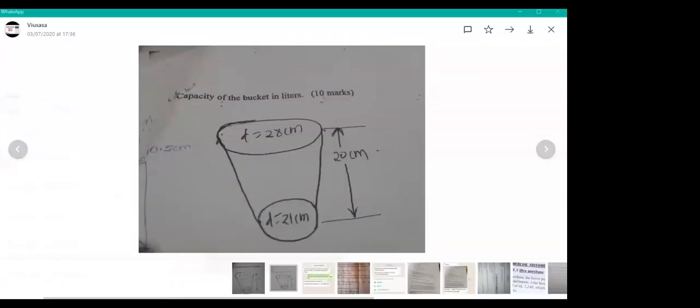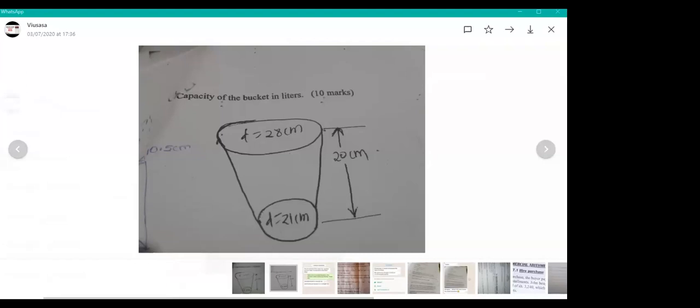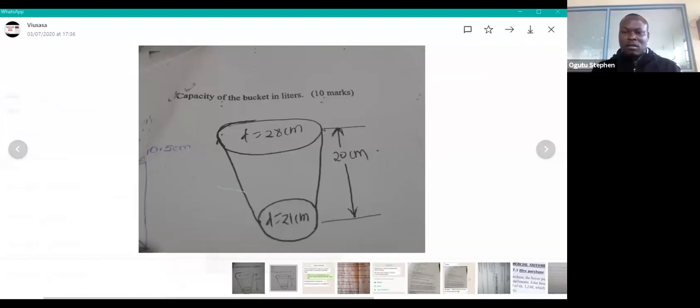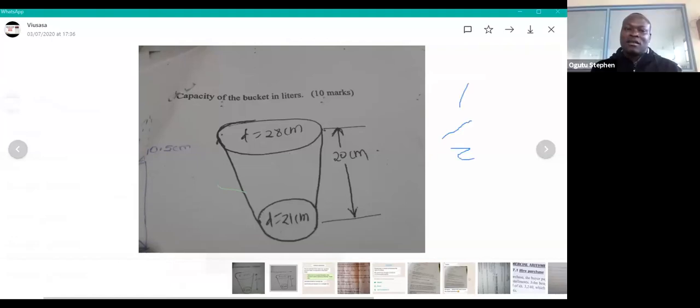We can have this example. Elias, are you able to see? Yes. But we are not getting the capacity. Anataka tutafute surface area. Let's not get the capacity like the way question is asking. Let's get the surface area of that bucket.